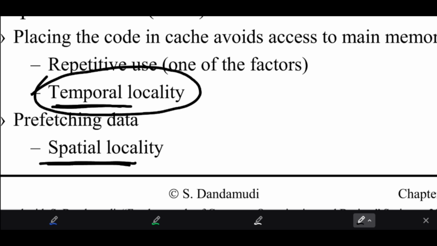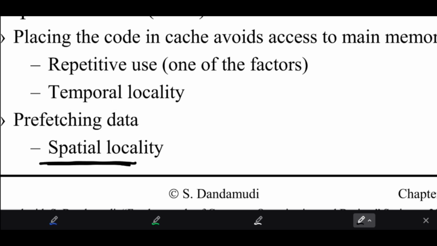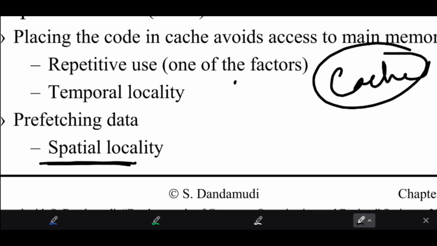If the CPU is using data A, then there is a chance of repetitive use of the same A. So our system stores the data inside the cache. Here is a cache, and A is stored inside the cache.